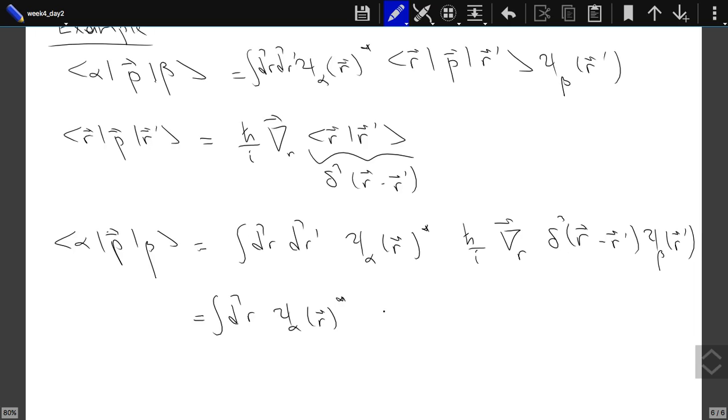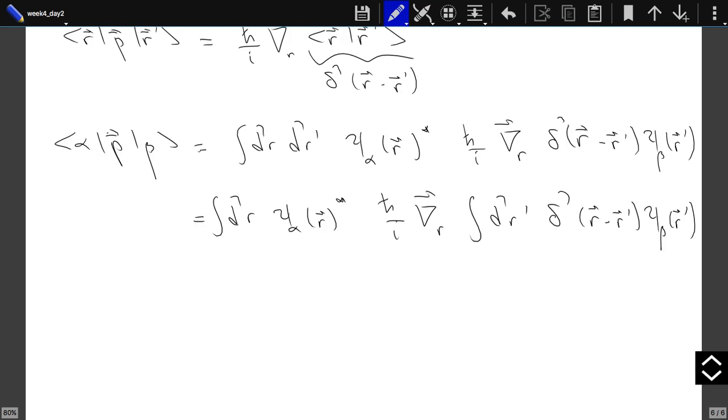So I can just write it as h bar over i, the gradient with respect to r of the integral d cubed r prime, Dirac delta of r minus r prime, psi beta of r prime. Well, I can just evaluate the r prime integral. H bar over i, the gradient of psi beta of r.